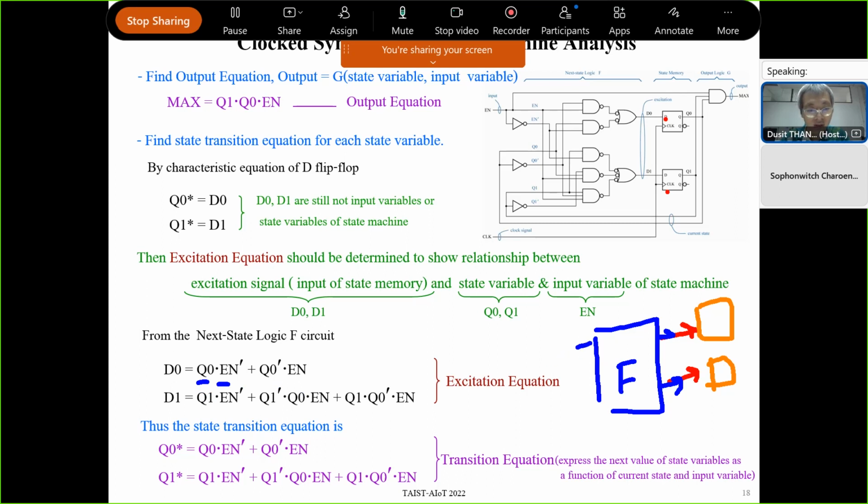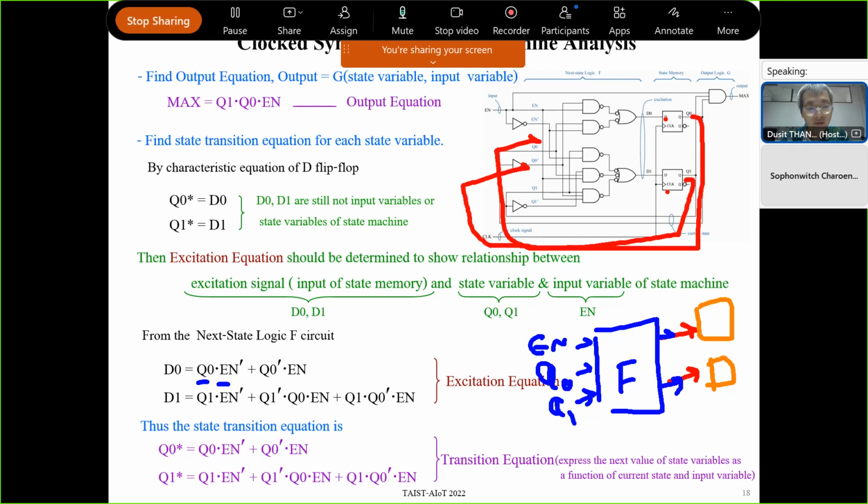With the inputs of circuit F, which are EN, Q0, and Q1. Q0, Q1 are fed back from the outputs of the flip-flops. And don't forget that circuit F is also a combinatorial circuit.